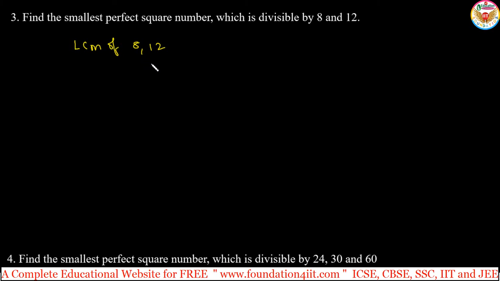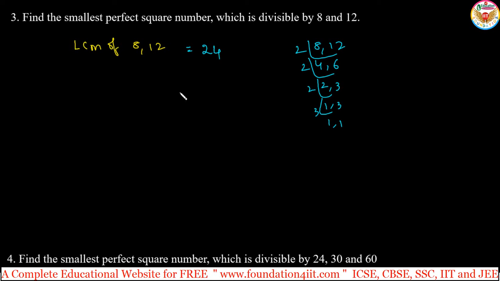First you'll find out the LCM of 8 comma 12. Taking 2 as the table, 2 4s are 8, 2 6s are 12, 2 2s are 4, 2 3s are 6, and 2 1s are 2, again 3. This is the LCM. 2 2s are 4, 4 2s are 8, 8 3s are 24. So the LCM of 8 comma 12 is 24.